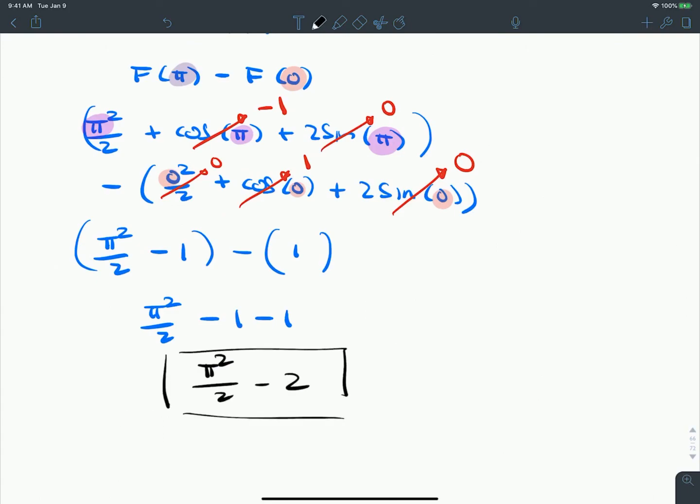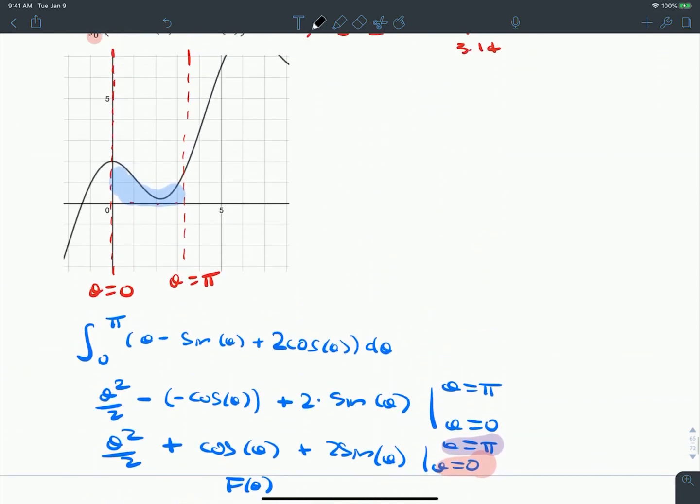Pi is about 3.14 or 3, so we get 9/2 minus 2. That's 2.5 minus 2, so yes, this area is positive. Pi squared over 2 minus 2. That's the area under that curve.